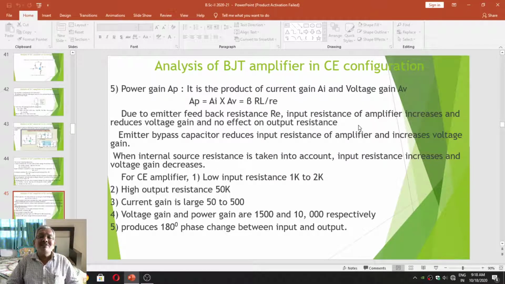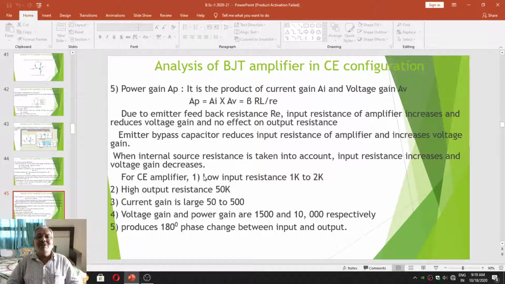From this analysis of common emitter, we are going to draw some conclusions. For the common emitter amplifier, input impedance is low, input resistance is low, which is in between 1 kilo ohm to 2 kilo ohm. These are used for designing the amplifier for practical purposes.